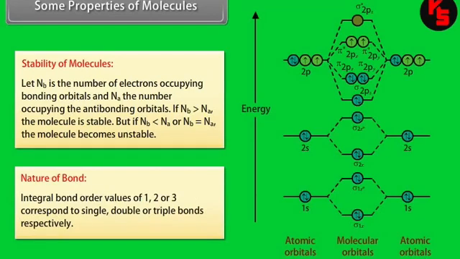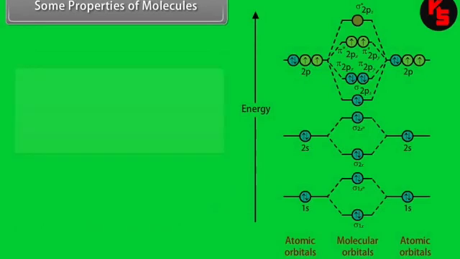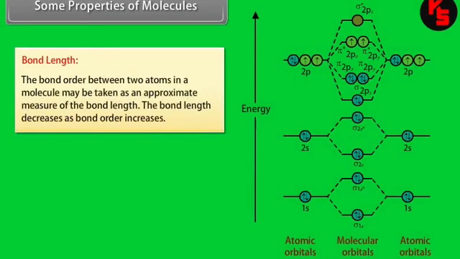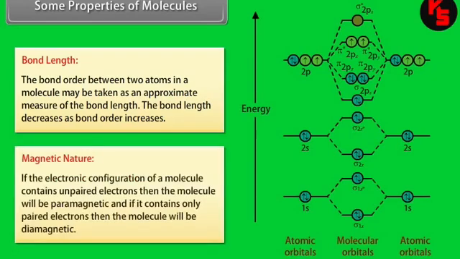Integral bond order values of 1, 2 or 3 correspond to single, double or triple bonds respectively. Bond length. The bond order between two atoms in a molecule may be taken as an approximate measure of the bond length. The bond length decreases as bond order increases. Magnetic nature. If the electronic configuration of a molecule contains unpaired electrons, then the molecule will be paramagnetic, and if it contains only paired electrons, then the molecule will be diamagnetic.